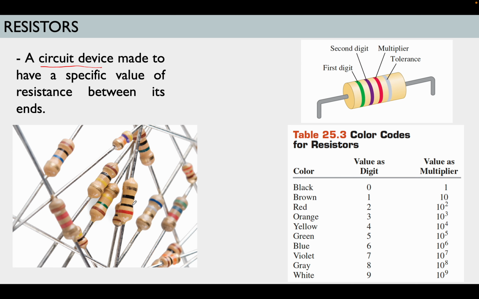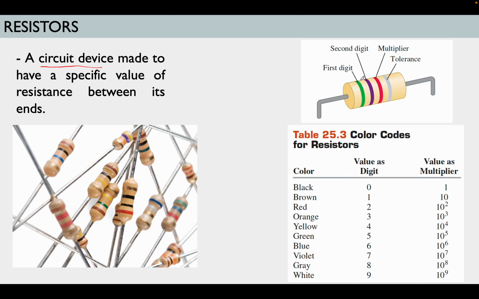As you can see here on the right side, we have the color codes for resistors. A common resistor has 4 bands. We have the first band from left to right, which is actually used to determine the value of the resistance of a resistor.